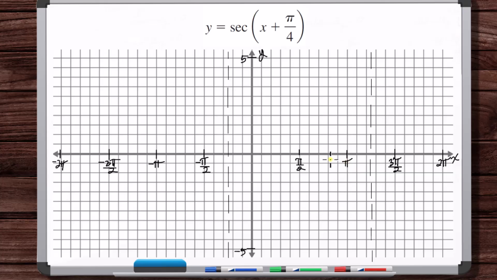Okay, now let's, at the midway point, we have another, let's see, that would be where? Or wait, no, I did this wrong. We would do, secant would normally be from, I said minus pi over 2 to 3 pi over 2, so we want to shift to the left pi over 4, which is 2.5 tick marks. So we're going to be here.